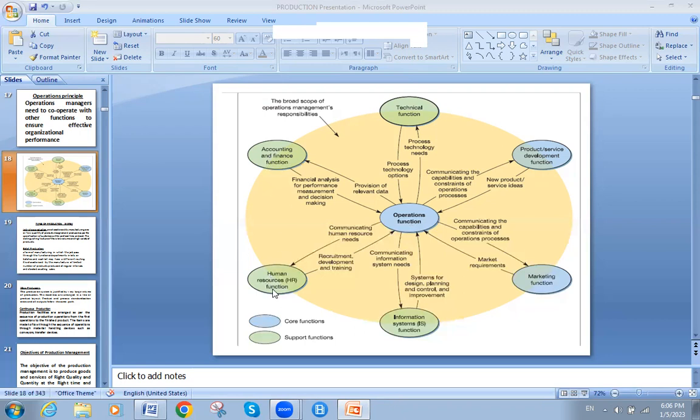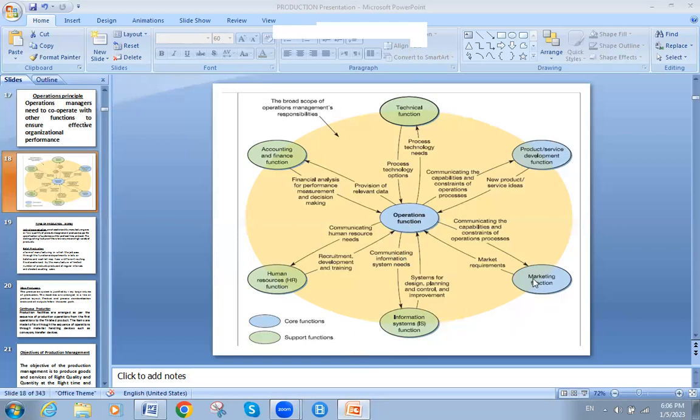The human resource, of course, because we also have to hire and train workers from the operation department or the management of production. Also, the information system, any new technology should be updated and known very well by the operation functions.